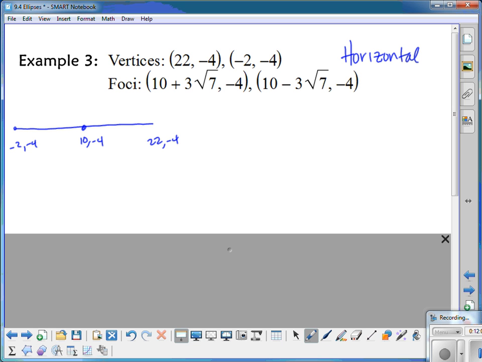All right, so then I went minus 3 root 7 and plus 3 root 7 to get to the focus, right? So that means that my f value, the distance to the focus, was 3 root 7. So f squared is going to be 9 times 7, or 63.